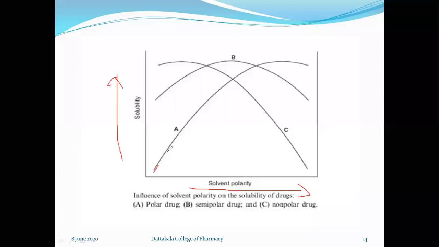If the drug which we are going to use is more polar, of course its solubility will be proportional to the polarity, and if the solvent polarity is more, it will show more solubility. In case of a semipolar drug, it will show intermediate solubility as compared to the polar and non-polar.